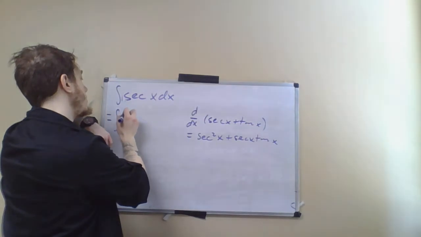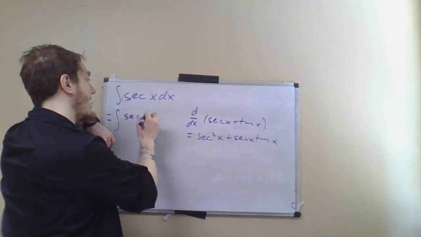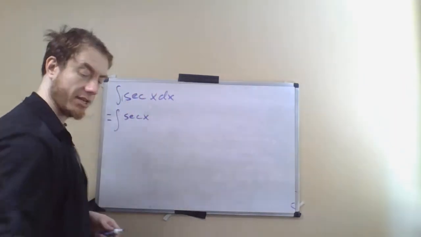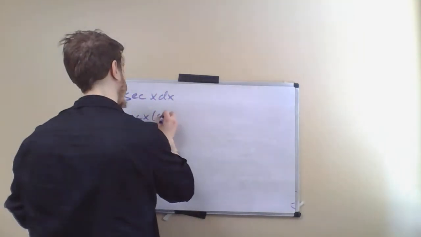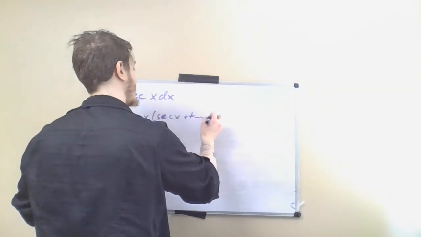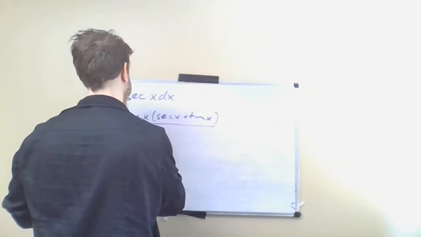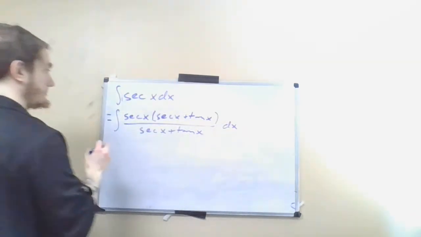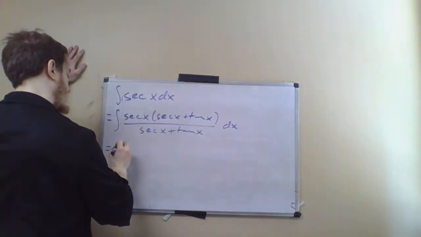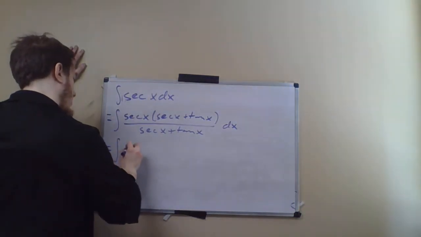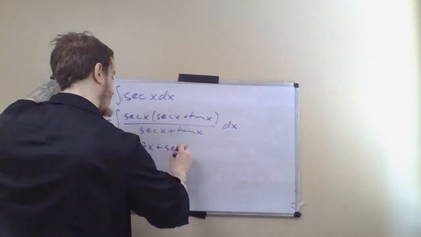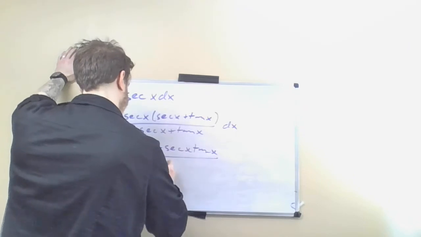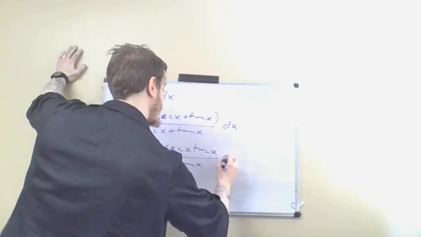So this is going to become secant x times secant x plus tangent x divided by secant x plus tan x dx. This is then going to be the integral of secant squared x plus secant x tangent x, all divided by secant x plus tangent x dx.